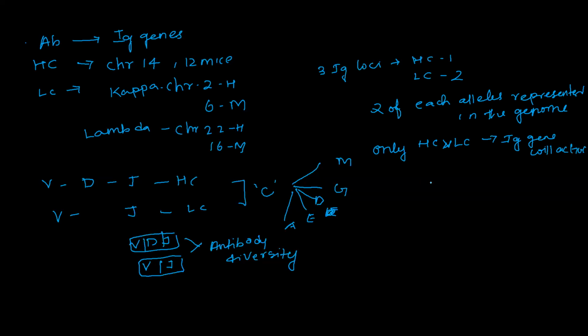Okay, so I think I mentioned in my previous video that the genes expressed in our body come from mother or father. A single B cell can get its gene from the mother or from the father, but not from both.